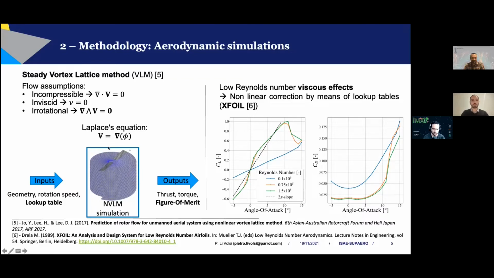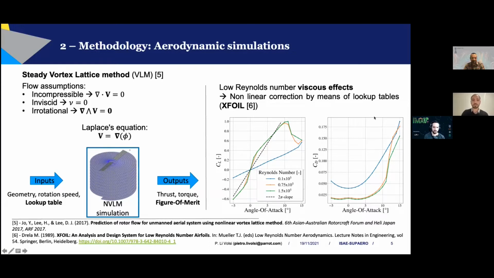In order to run the NVLM simulation, we need 3 inputs: the geometry, the rotational speed of the rotor, but also a lookup table. The lookup table is needed to take into account the viscous effects due to the low Reynolds number encountered by the rotor. In order to create those lookup tables, we run XFoil simulations.